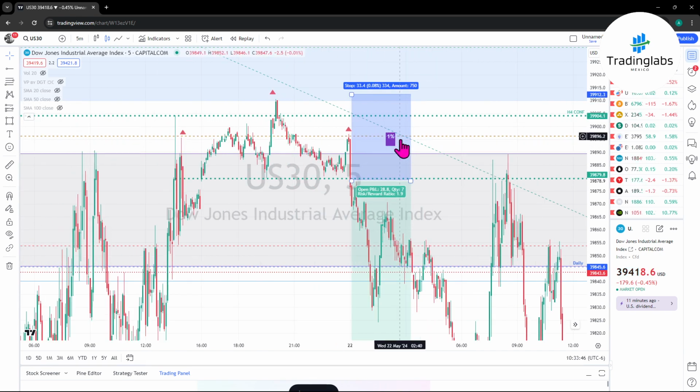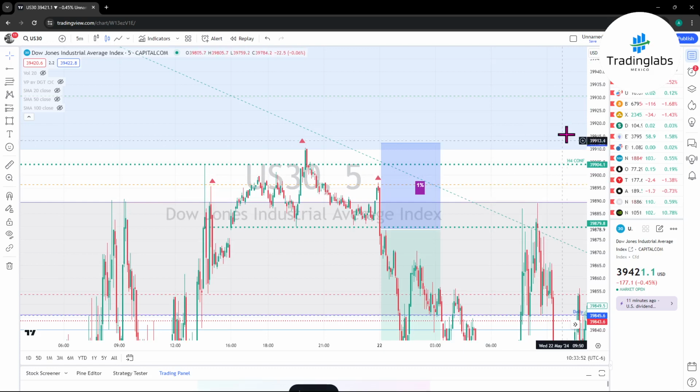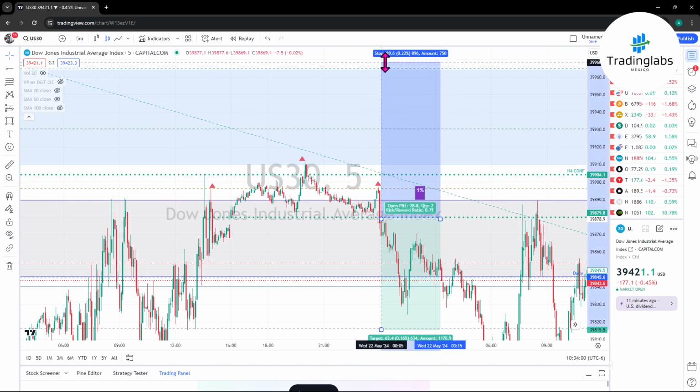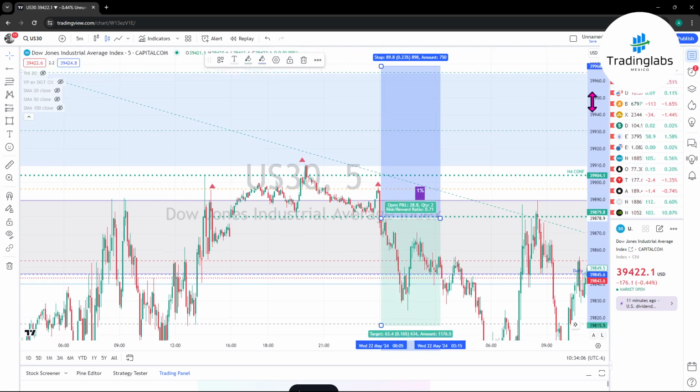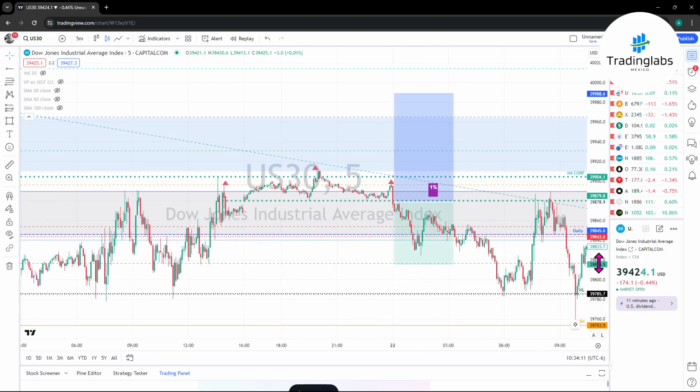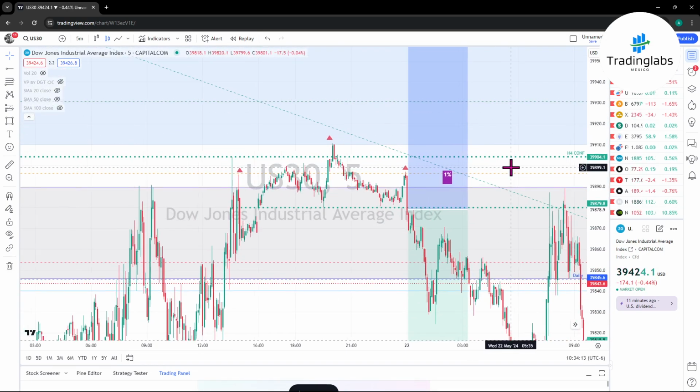Let's say your risk is 1% of your stop loss. Your 1% should be right over here. All this area should be your 1%. Obviously, your entry size is lighter or less heavy.